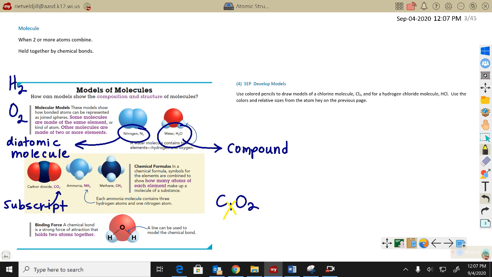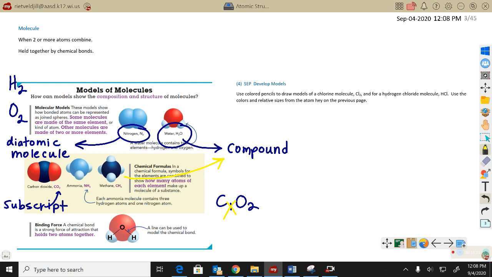Or in fact, here in the middle, carbon dioxide, ammonia, and methane could all be referred to as compounds as well. These guys are all examples of compounds because they all have different elements joined together. And those different elements are shown in different colors. Like I see that, since there's only 1 atom of carbon in carbon dioxide, it must be this darker bluish black atom in the middle.